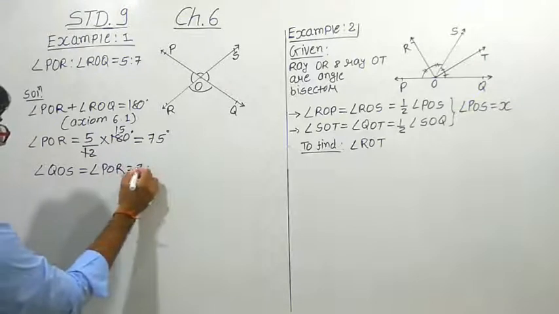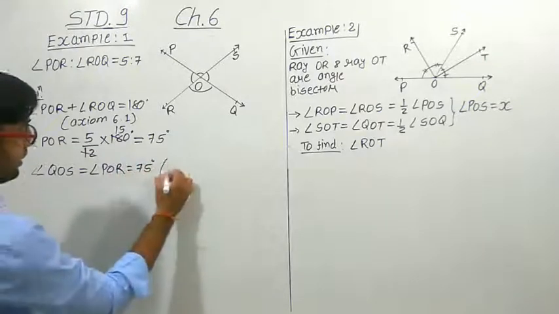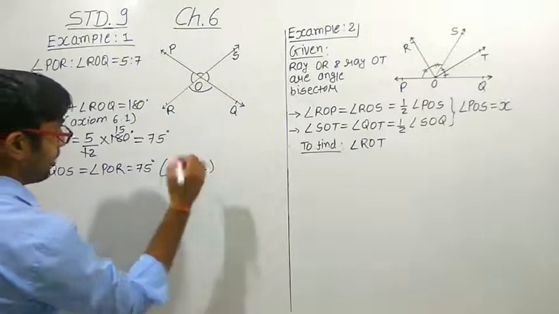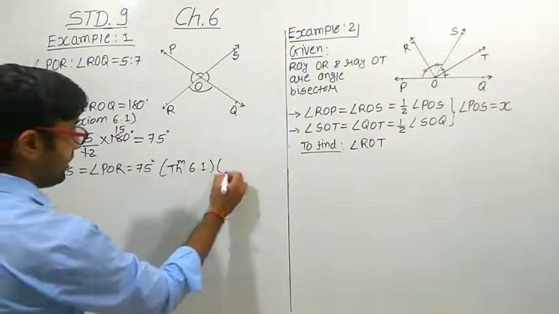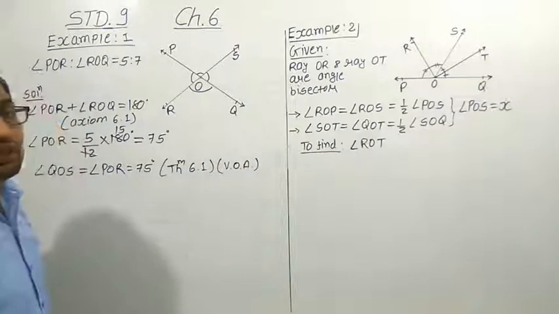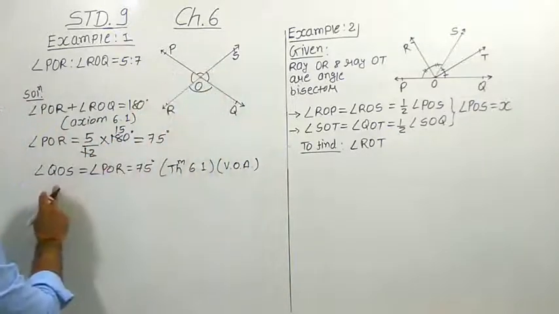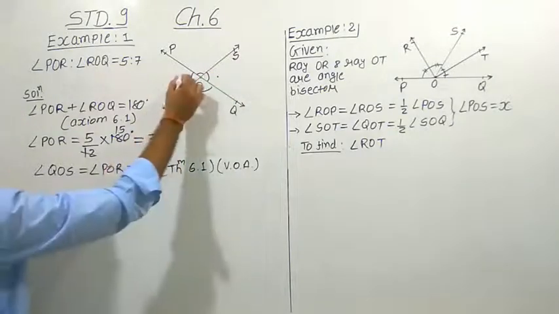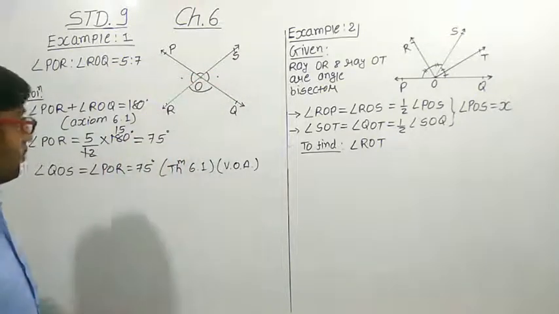POR is 75 degrees. Why? According to theorem 6.1, or you can write according to vertically opposite angles. So the two angles we get here are angle QOS and POR.